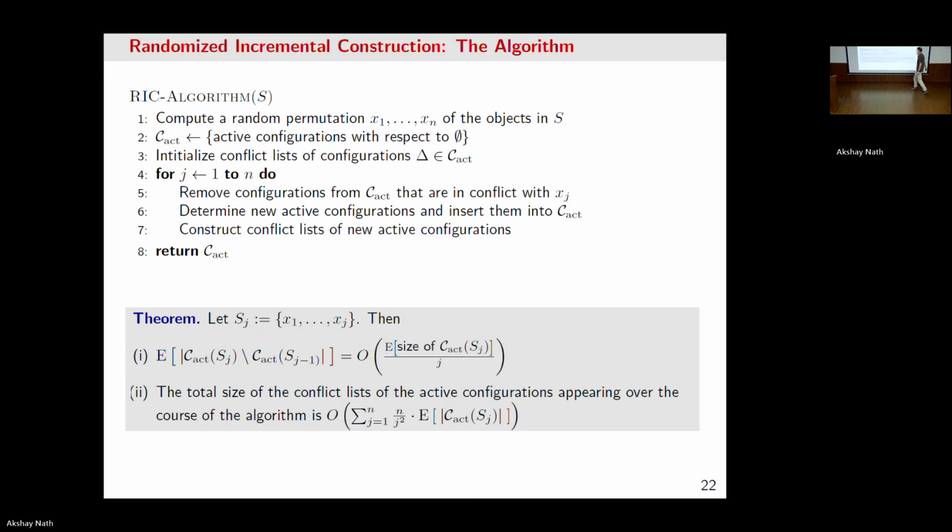So let me define Sj to be the set of the first j items. I'm having this random permutation, and Sj is the first j items. Then, what is this here?